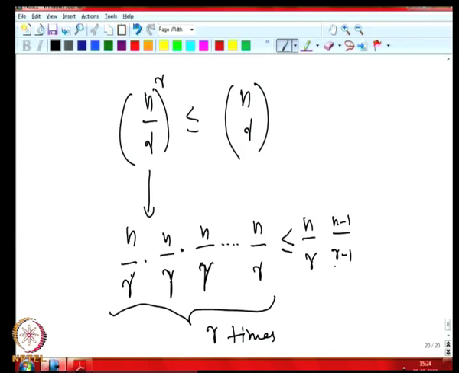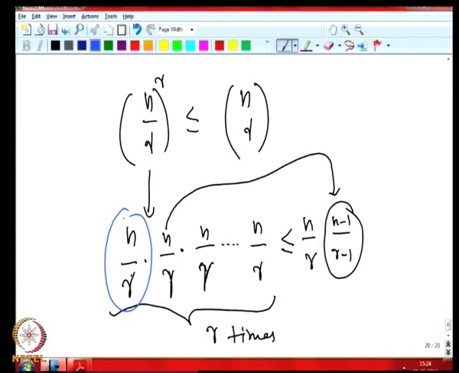Can I replace this number by this and say that it is getting bigger? What I am planning is that the first term I keep just like that, I copied it. The second term I am replacing with n minus 1 by r minus 1. If this n minus 1 by r minus 1 is bigger than n by r, then we are okay, we put greater than or equal to here.